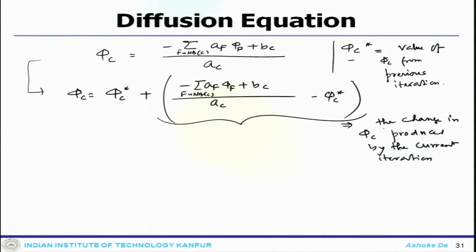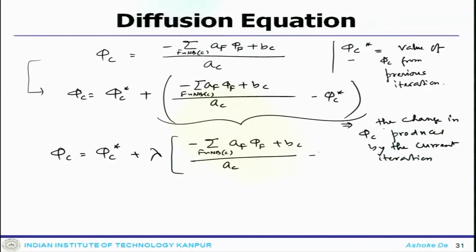Now, one can introduce another variable called lambda, and write phi_C equals phi_C star plus lambda times everything within this parenthesis, which is minus the sum of A_F phi_F plus B_C divided by A_C, minus phi_C star.